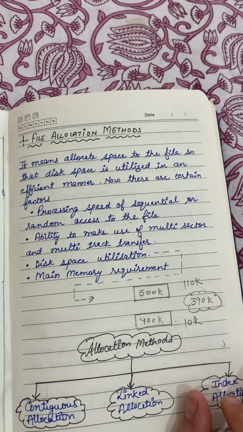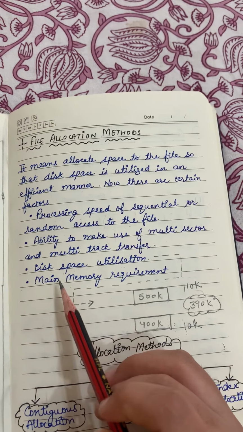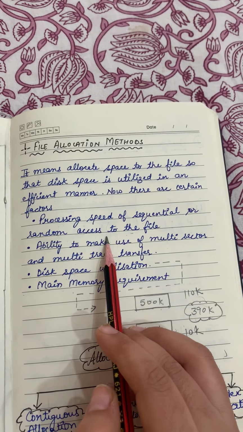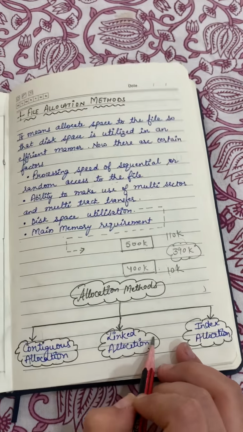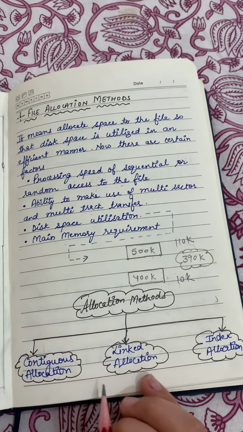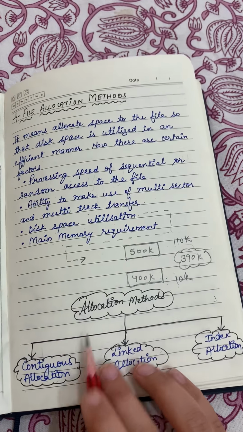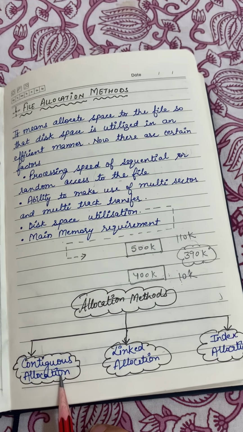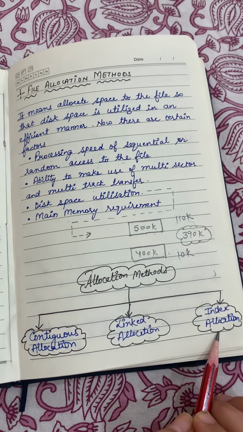So these are some of the factors that you need to consider before allocating space to a file. Now there are different kinds of allocation methods, and we will see each of those methods one by one. So these allocation methods are: first is contiguous allocation, second is linked allocation, and third is index allocation.